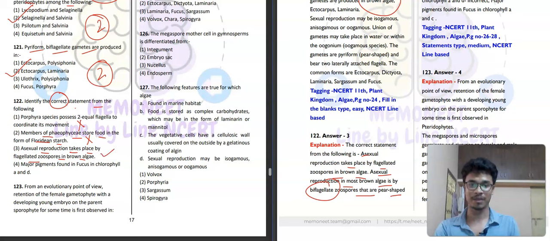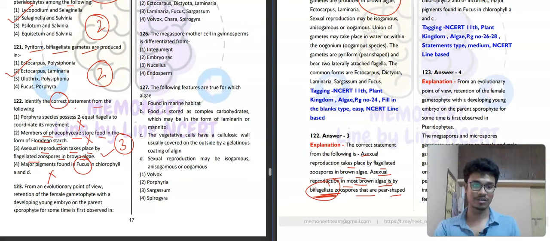It's absolutely correct, because asexual reproduction in most brown algae is by biflagellate zoospores that are pear-shaped. Now, major pigment found in Fucus is chlorophyll a and d. This is not correct, because Fucus is a brown alga, and I told you the trick for a, b, c, d like this, so the pigments in Fucus should be chlorophyll a and c. That's why this is incorrect. So the correct statement here is the third option.